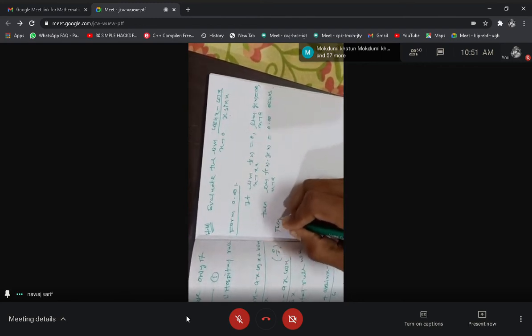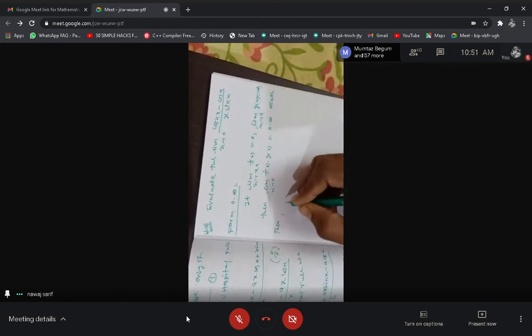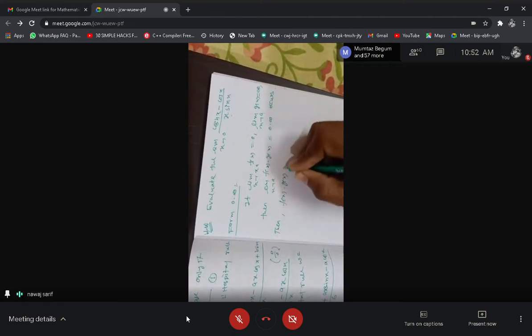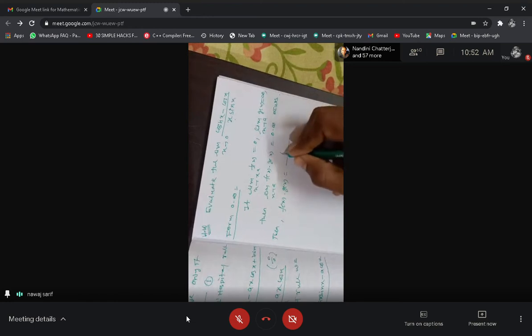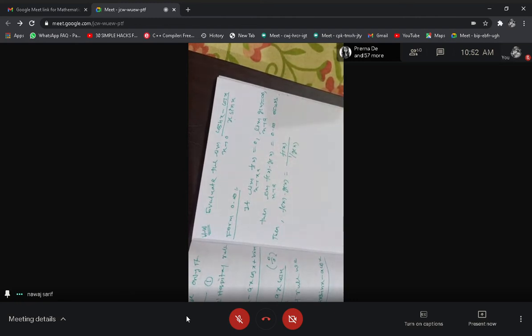f(x) into g(x) equals, how can you write this one? f(x), and this one can be written as 1 by g(x). Can you write this one?